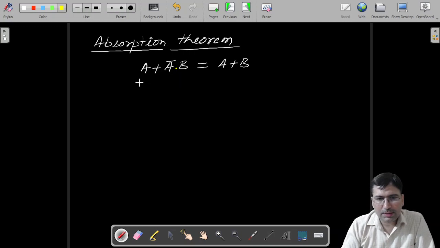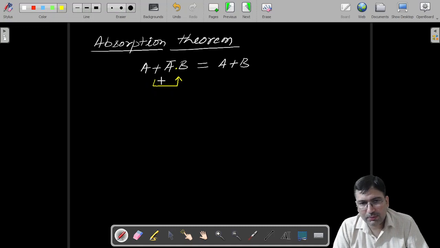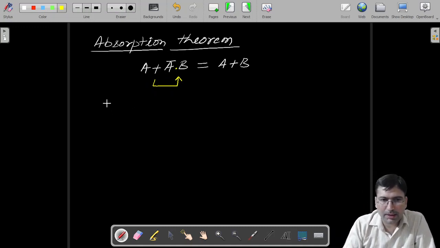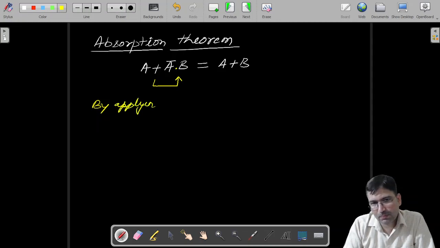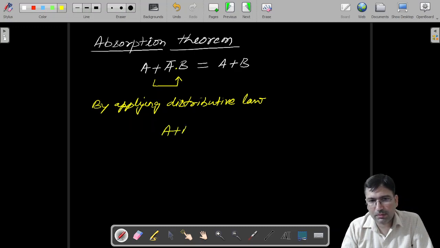So what we can do is, let's say we start distributing this OR operator over this AND. So if we distribute it, how can we write it? By applying the distributive law, it will look like (A or A bar) and (A or B).